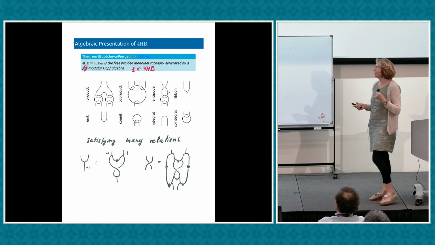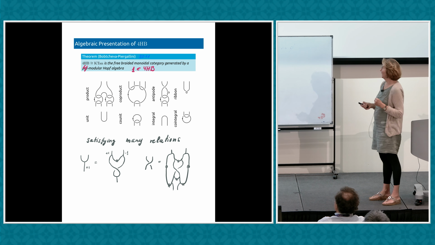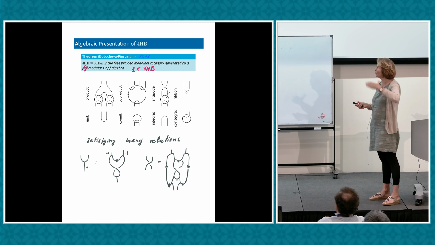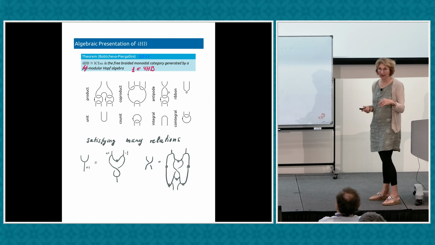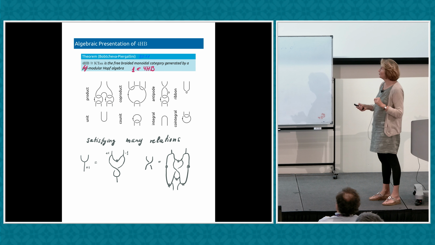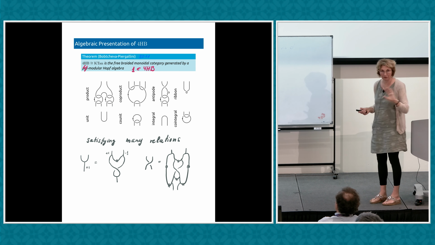Then in addition, it has integral, cointegral. It also has the Riemann morphism. So you have a set of generating morphisms on this object, and they need to satisfy some axioms, some relations. And clearly you have all the relations you had before, because it's a braided Hopf algebra, so you have all the relations of a braided Hopf algebra.